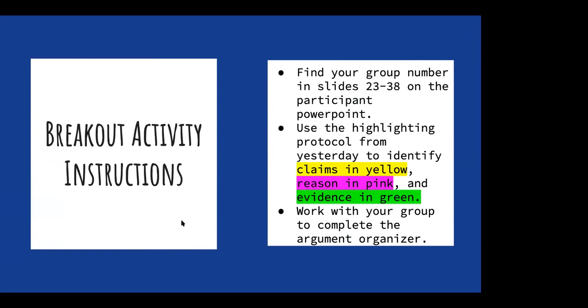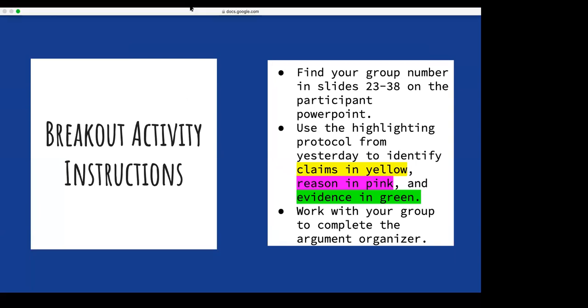In your group, discuss the claims, highlight them in yellow, find reasons, highlight them in pink, and find evidence and highlight it in green. You're not going to have long on this. We're going to give you about 10 minutes. So once you get into your breakout rooms, dig in. Ms. Lane has dropped the participant link in the chat box, and she's going to send us to our breakout rooms.